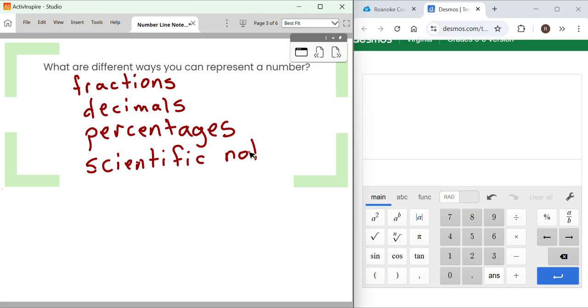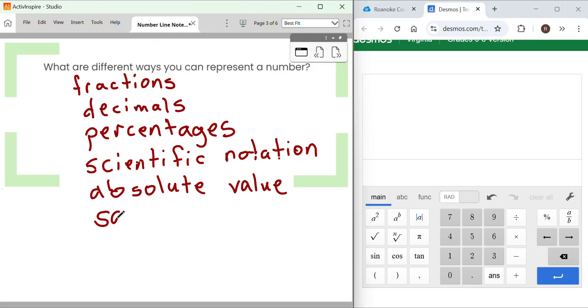Check my spelling on this. I think I'm good. And they can be represented in absolute value. And finally, they could also be represented as square roots. And we're going to talk about all these just quickly. Okay, so again, numbers can be represented as fractions, decimals, percentages, scientific notation, absolute value, square roots, or just as digits.